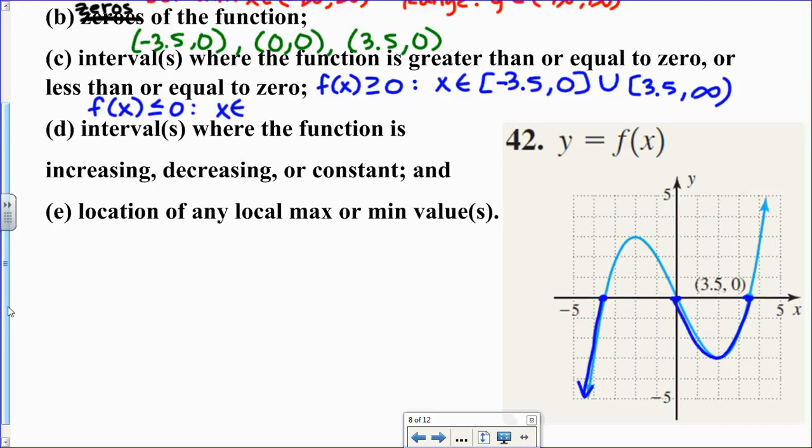There's two different places, so two different intervals. So negative infinity to negative 3.5, and then from 0 to 3.5.